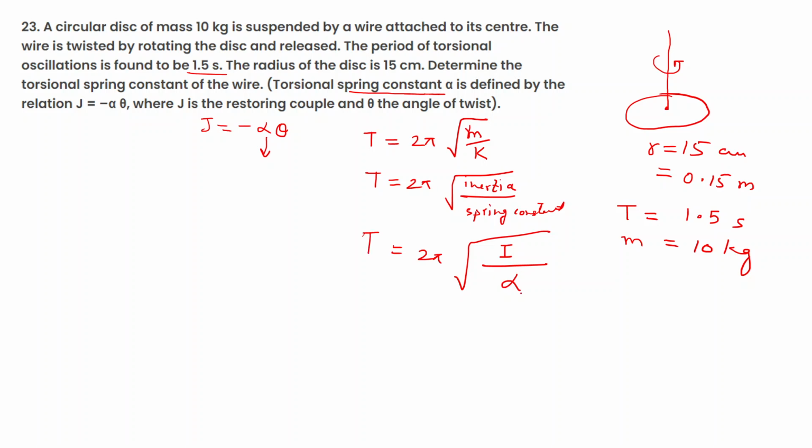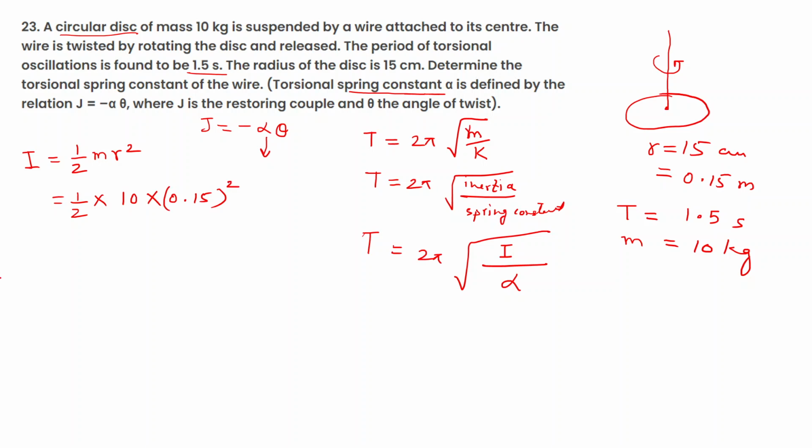Because it's a circular disc, we already know the moment of inertia for a circular disc is given by half the mass of the body times the square of the radius. So mass is 10 kg, radius is 0.15 meters.